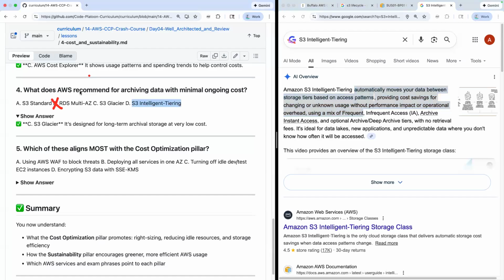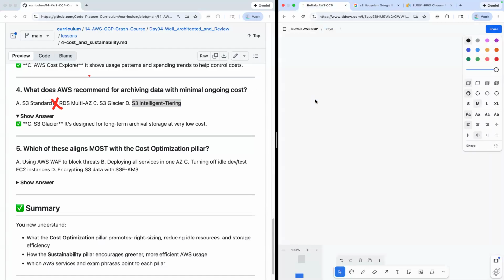S3 Standard is basically your standard S3 storage bucket. The main piece of information here is S3 Glacier is the cheap long-term storage, right? So for archiving data as in long-term, like years with minimal cost, that's going to be Glacier. And this is one where for this question, it just depends on practice and memorization. The process of elimination helps, but it's still a bit of a toss-up.